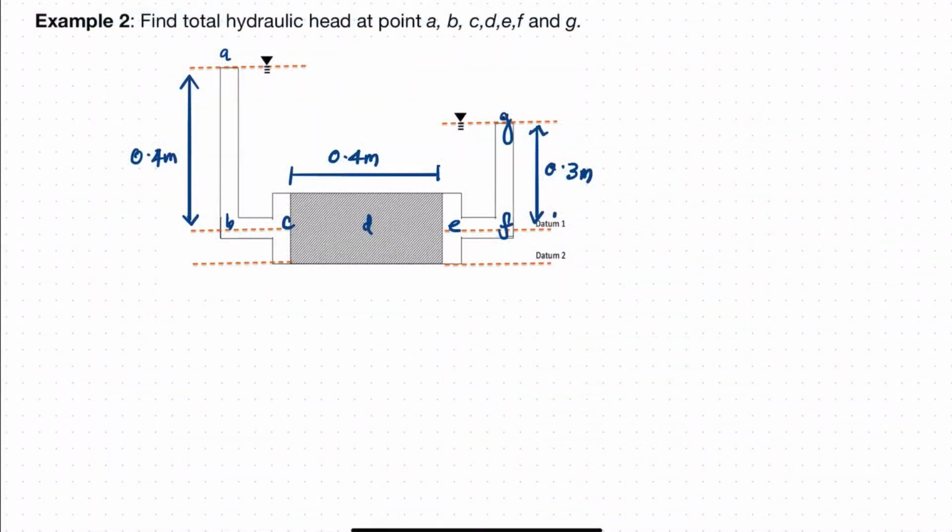Okay, example 2. For this question, it asks you to find the total hydraulic head at points A, B, C, D, E, F, and G on the layout as follows. It is actually to find the total hydraulic head from datum 1.